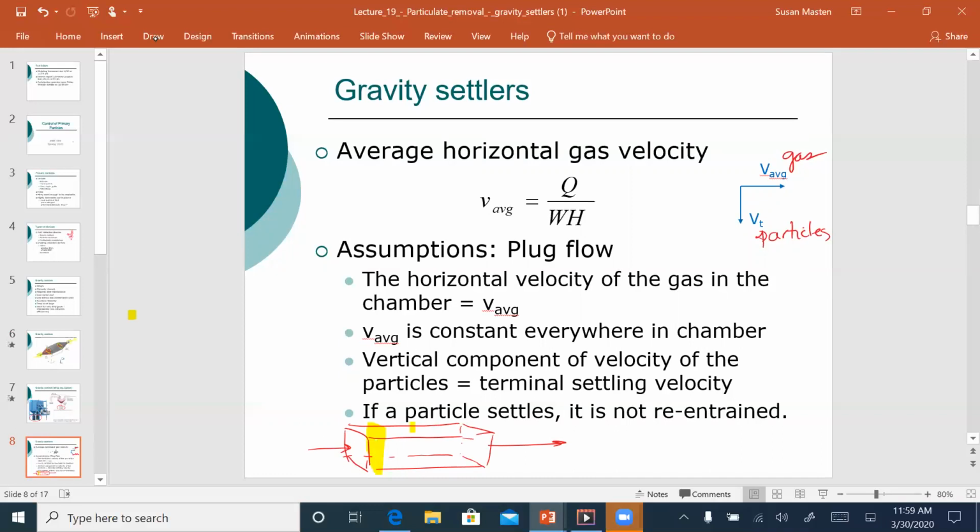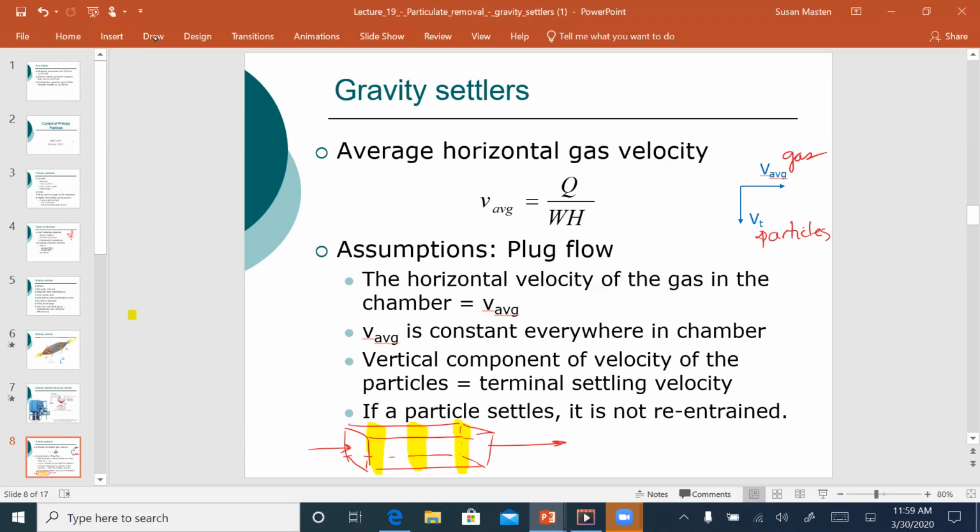And that parcel of gas is going to move through the reactor, okay, sequentially. So you can think of it like a railroad car moving down the tracks. There's no mixing of particles as it moves down, okay?